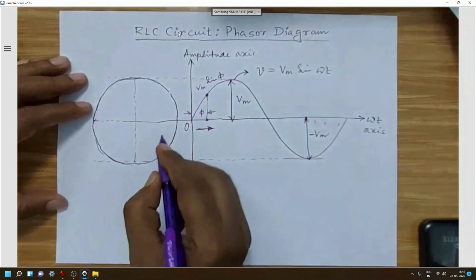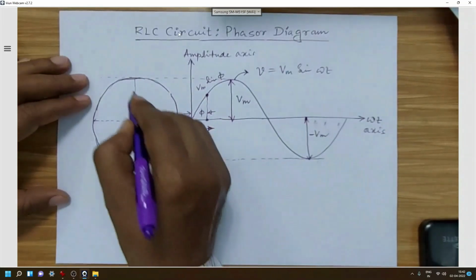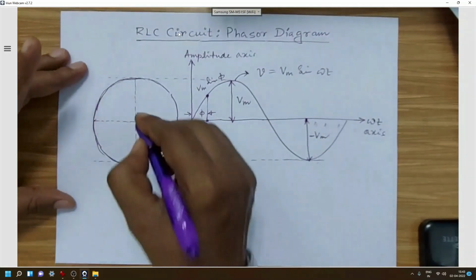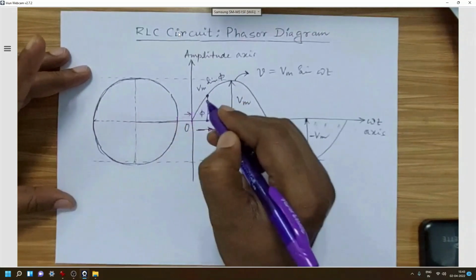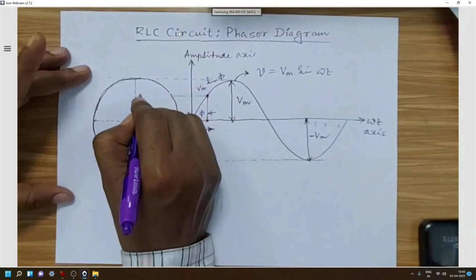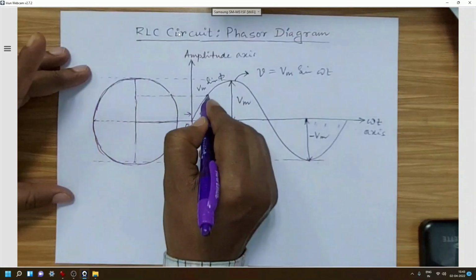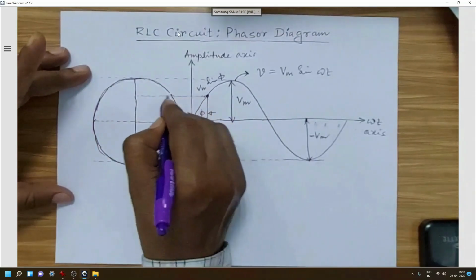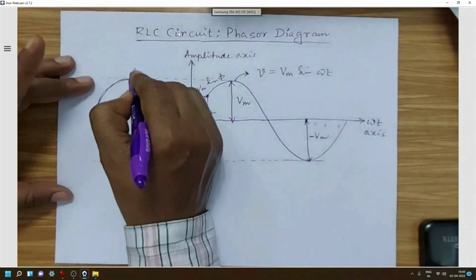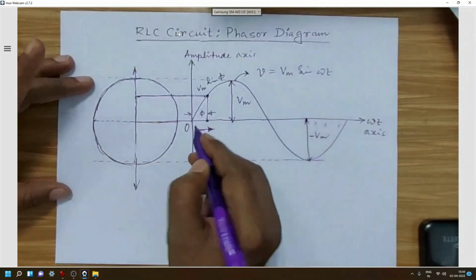We can get this value in this diagram if we draw a line perpendicular to the vertical axis from this point, and this line will be exactly parallel to the omega t axis.